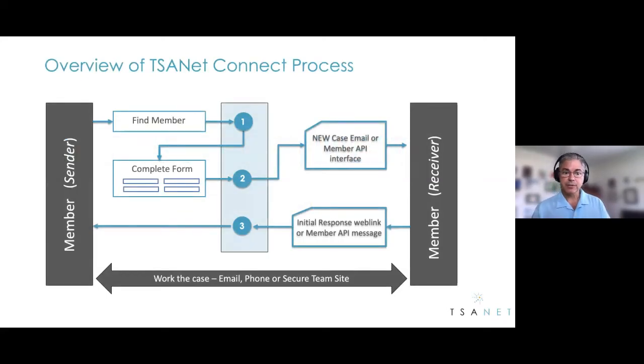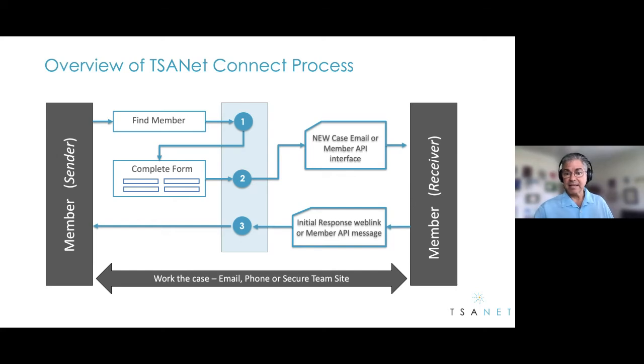I think most people that are tuning in are very familiar with the TSANet Connect platform and what it does. But for those who might be new to it, I just want to go through the TSANet Connect process very quickly. TSANet Connect was designed to connect two engineers and their associated cases together with a simple handshake, and then let them work outside of the system. You can see the flow here: a sender goes to TSANet Connect, finds the member they want to work with, completes a very simple form, and presses submit.